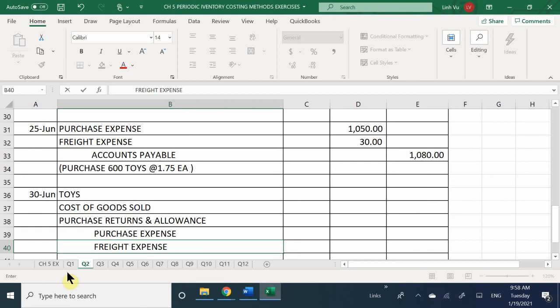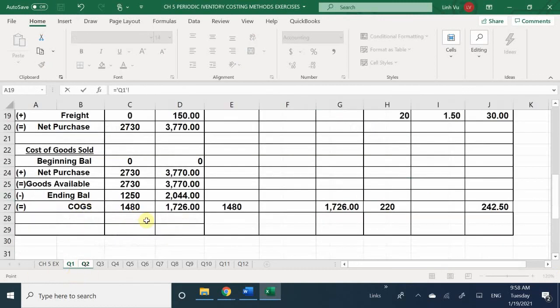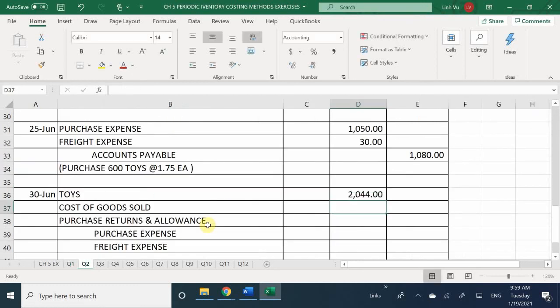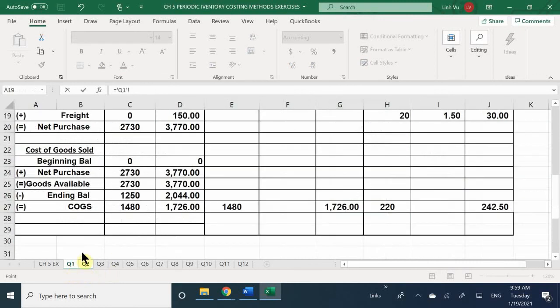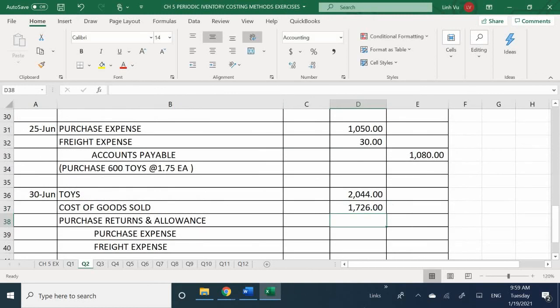Okay, so let's go ahead and go through all these numbers. First things first, what was my actual ending inventory? 1250. $12.50, costing me how much? $2,044. What was the total cost of goods sold? 1480, at how much? $17.26.